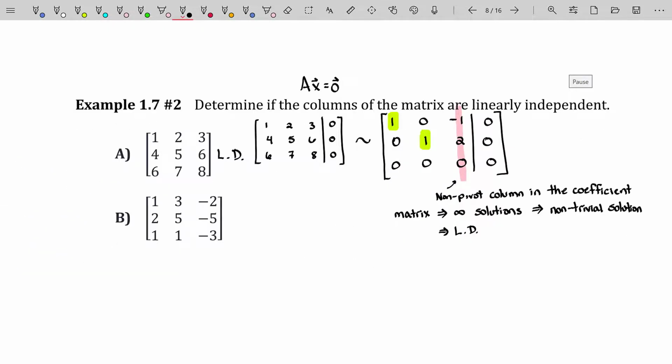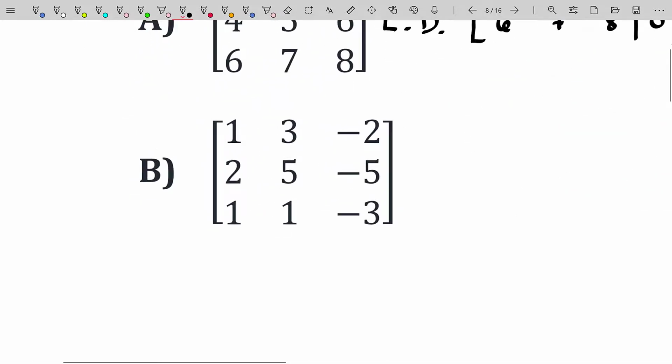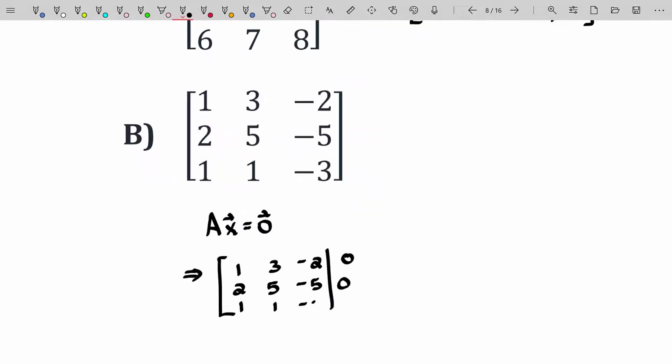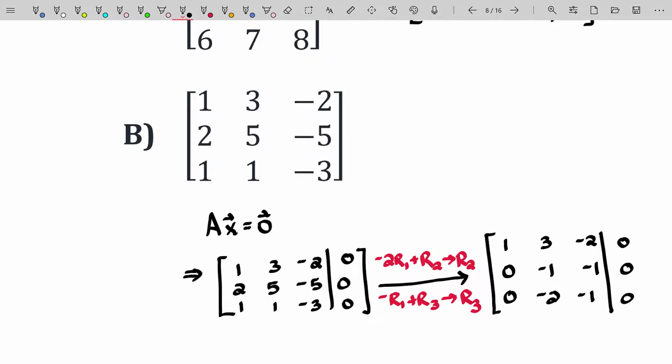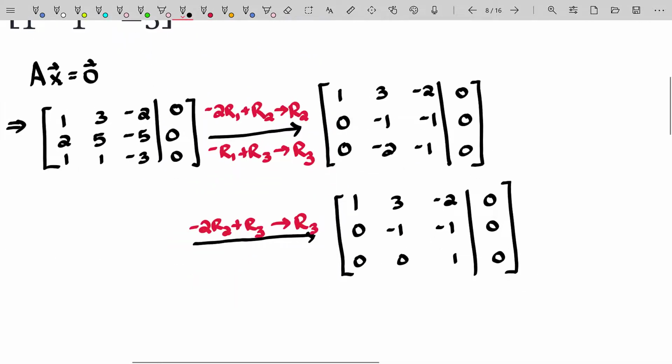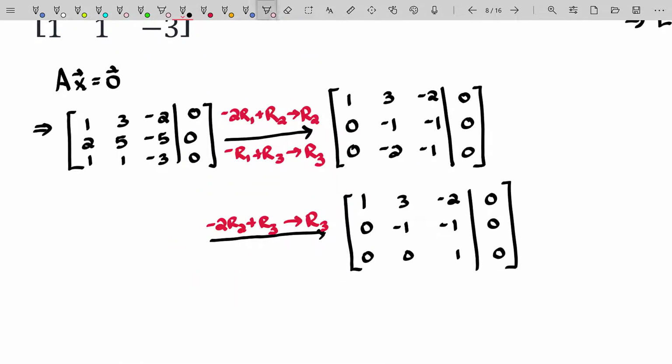Now, because we have used that example over and over again, it's probably nice to do a different example. So let's play with this guy right here. Place this in an augmented matrix and go ahead and do row reduction techniques. Now that we have this right here, you can see we have a pivot in every single column of the coefficient matrix, which means we don't have any free variables.